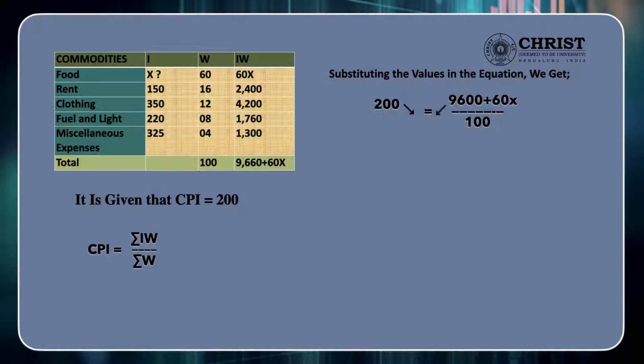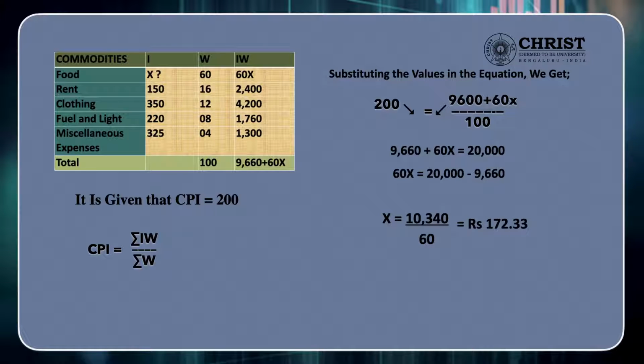Cross multiplying, 9660 plus 60x is equal to 20,000, that is 200 into 100. Now 60x is equal to 20,000 minus 9660. That means x is equal to 10,340 divided by 60, that is equal to 172.33.